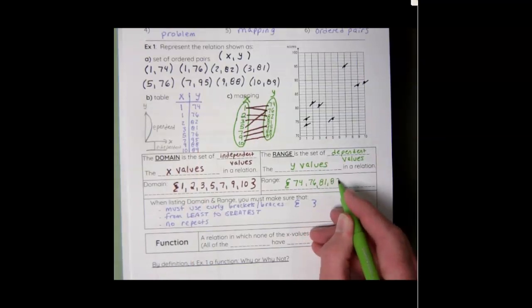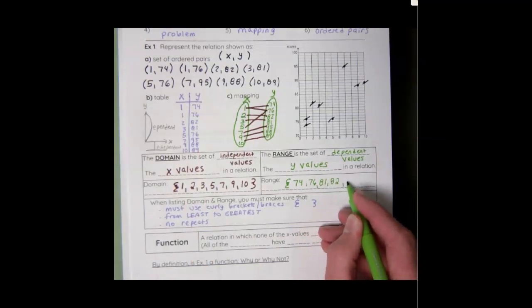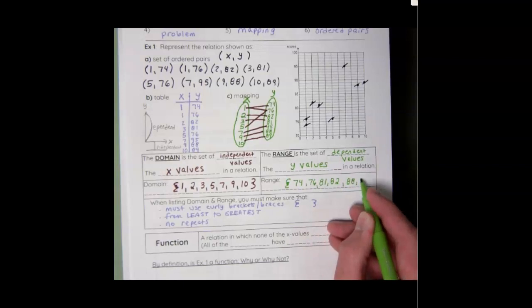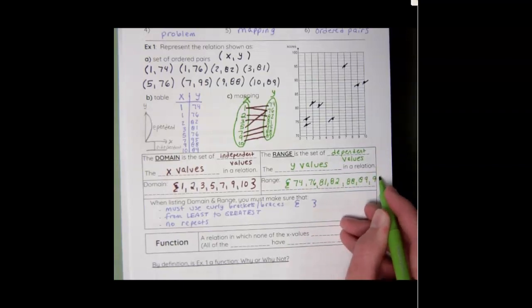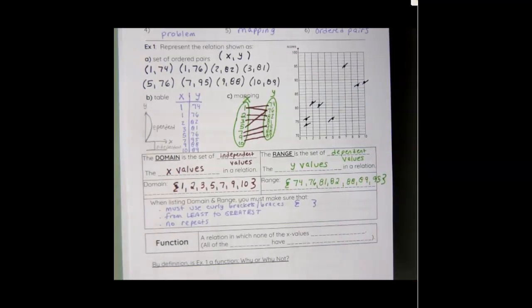Then 82. 88. 89. 95. Okay? So that is what we would get for our range. This is our domain, this is our range. Remember these three rules. Okay?